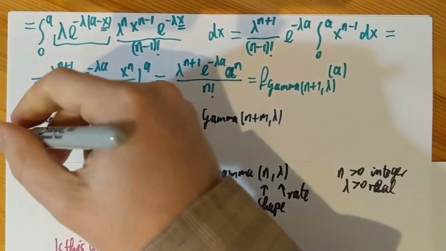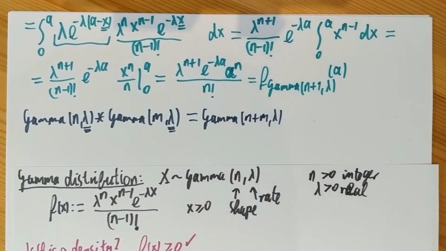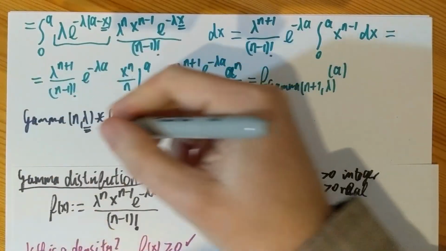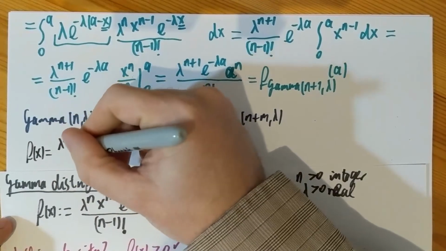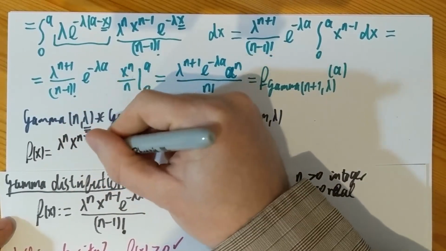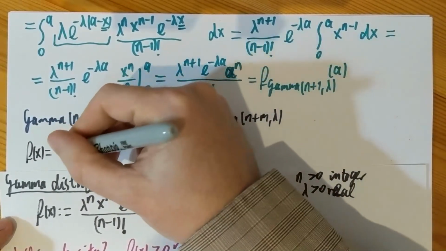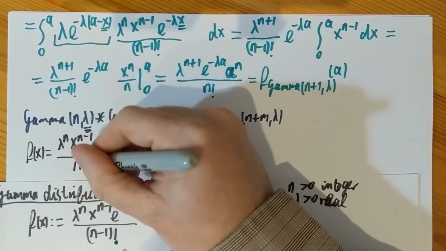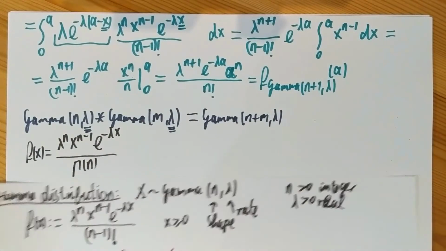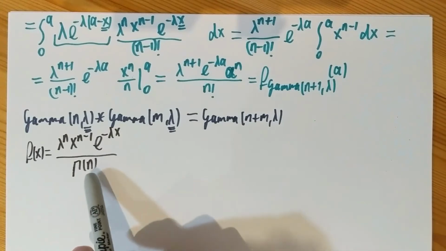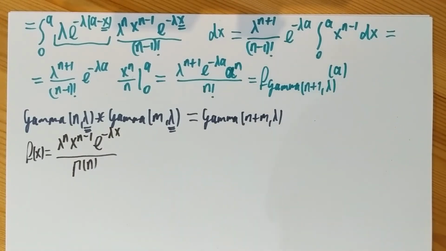So f of x, let's go back to this black color we had here. f of x could also be written as lambda to the n, x to the n minus 1, e to the minus lambda x over gamma of n, where n minus 1 factorial for integer n's is gamma of n. But in this formulation, we are not required to have integer n's anymore. So in fact, this works perfectly fine.